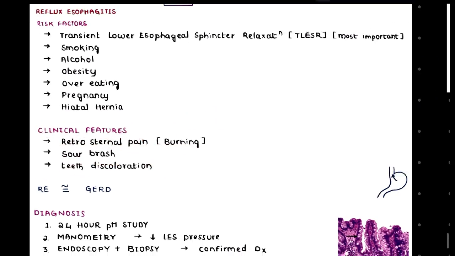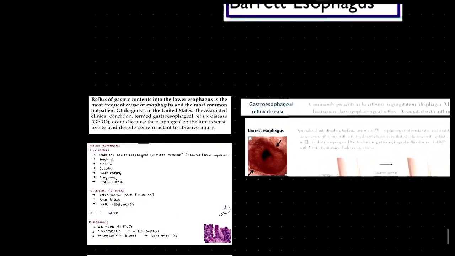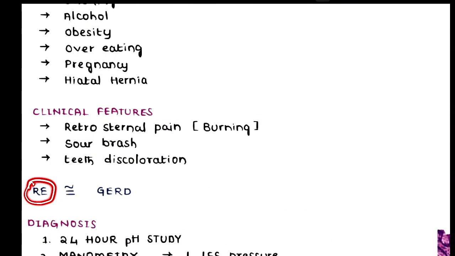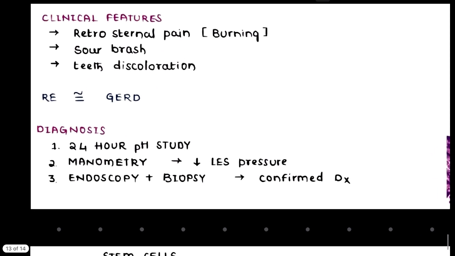Yes, but we are on the topic of reflux esophagitis, and we can take it parallelly with gastroesophageal reflux disease also. Now how will we diagnose reflux esophagitis? We diagnose it by studying the 24-hour pH of the esophagus.